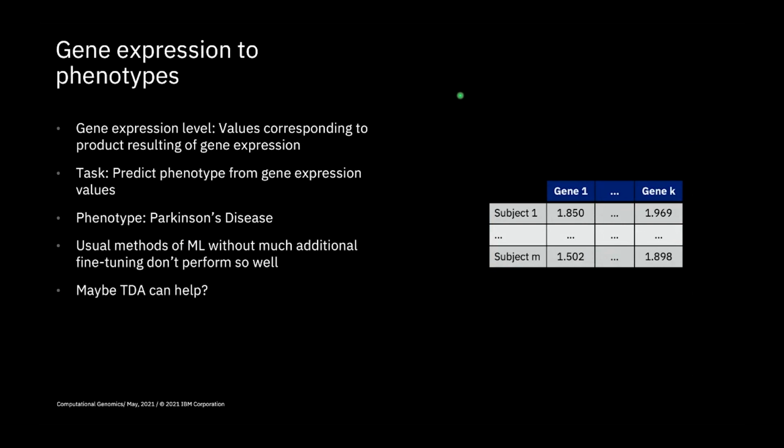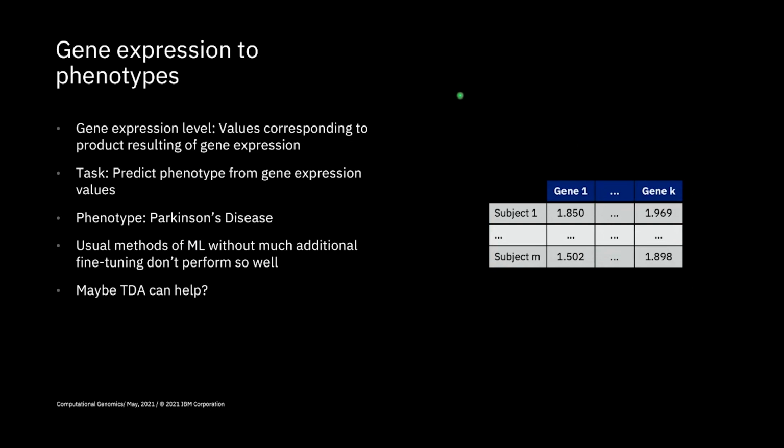And this is the input that we are going to work with for this particular application. But I just wanted to give you the context from where these numbers come from, because for me at least, at first it was kind of mysterious, like what are gene expression levels? They are numbers, but where do they come from? And I wanted to give a little bit of background on that.